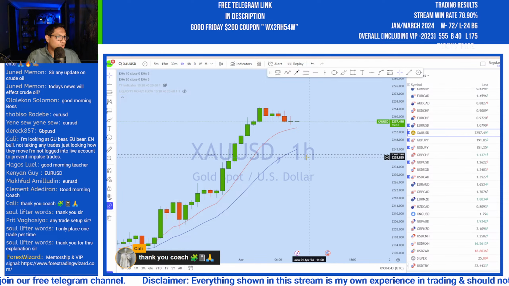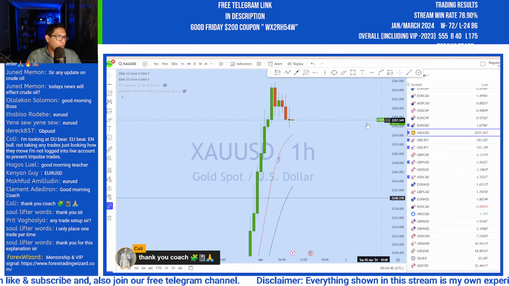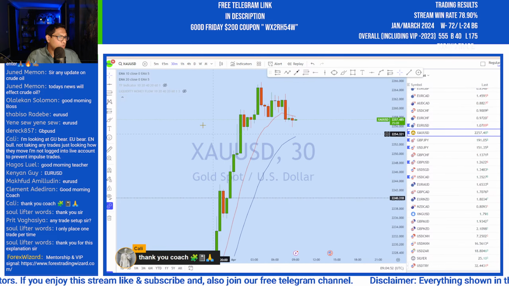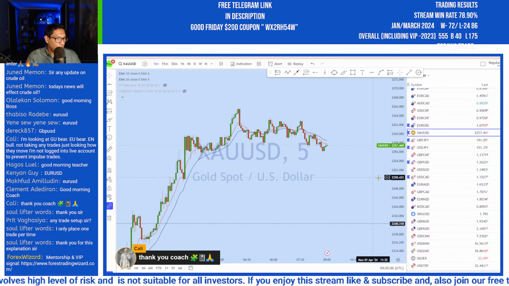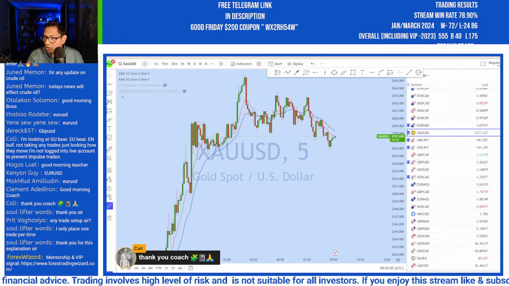And here is also the 1-hour 20 EMA. If the news brings the price that far, we might not see that far, but I'm expecting it to drop deeply and give us that liquidity candle. If you are not sure about the liquidity candle, you can let me know. We'll be discussing it in depth, guys and girls.